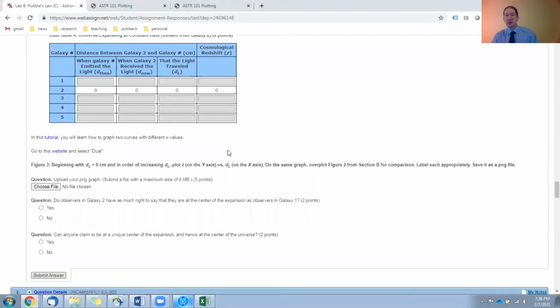And then you're going to plot up Hubble's law as measured from galaxy 2. And in this plot, you're also going to overplot Hubble's law from the previous section as measured from galaxy 1. So there's a tutorial here showing you how to plot two curves with different x values at the same time.